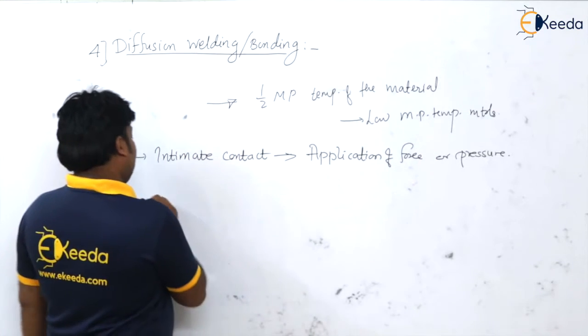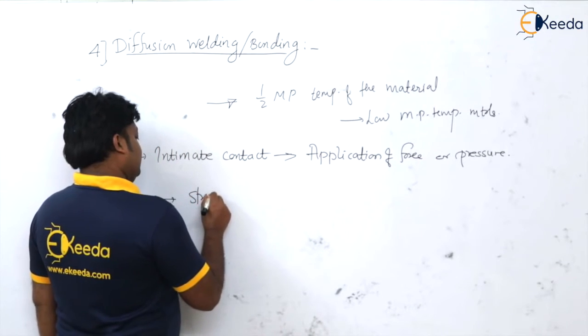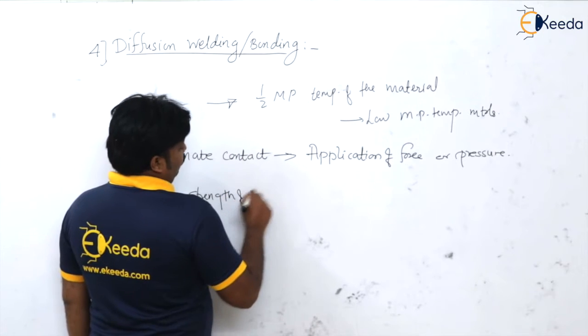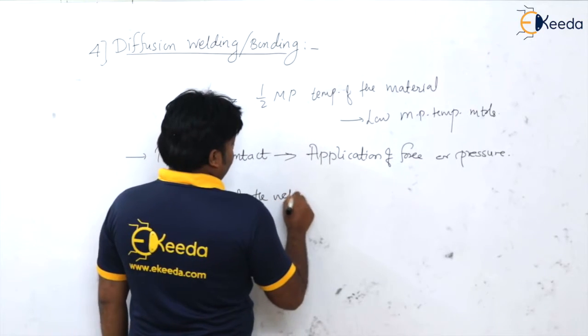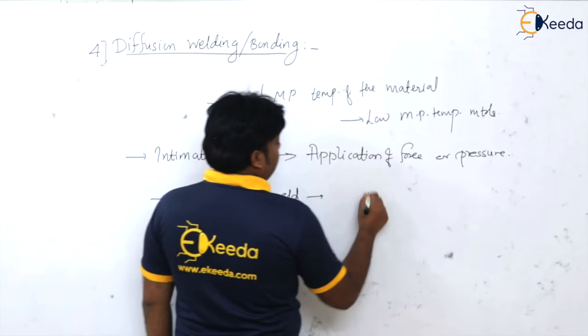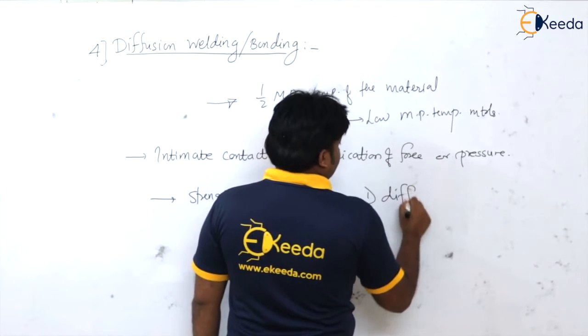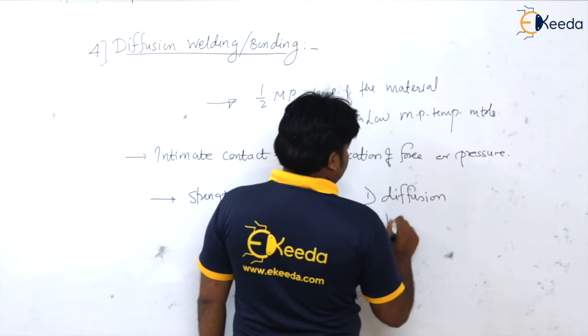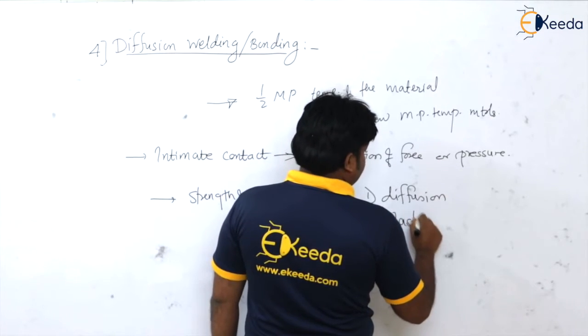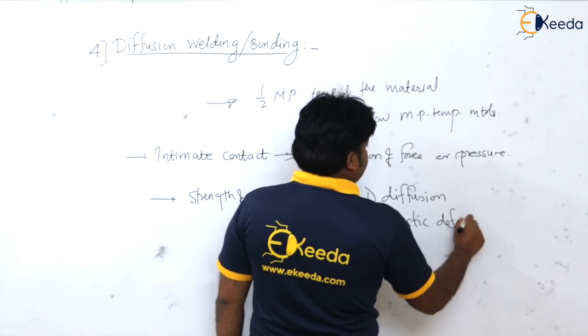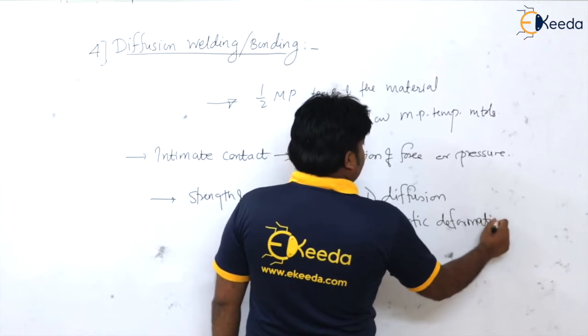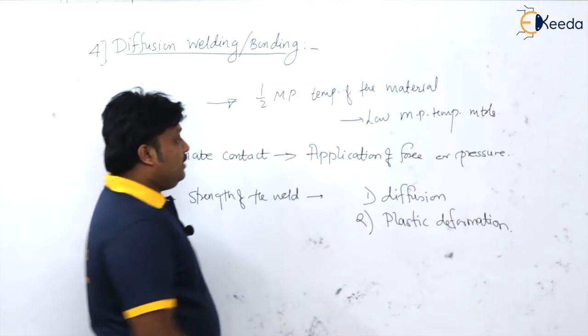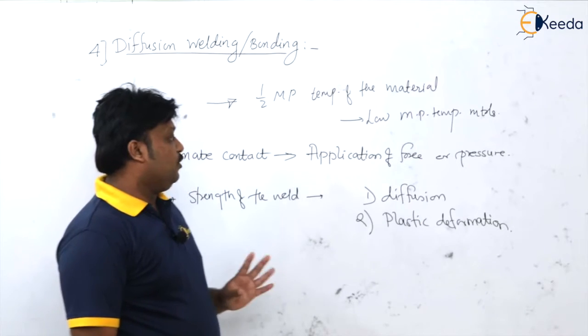And the strength of the joint or weld depends, first, primarily on diffusion, and second, on the plastic deformation. And we know that diffusion is a temperature dependent phenomenon.